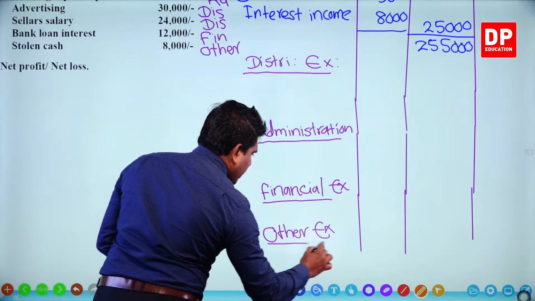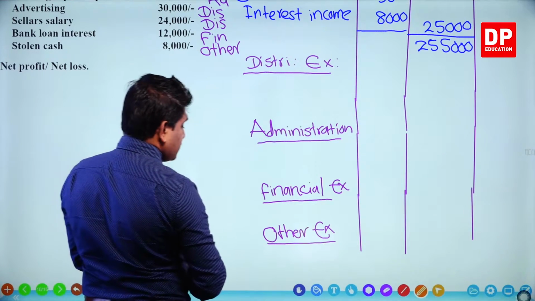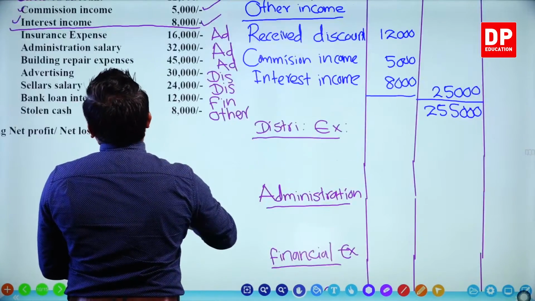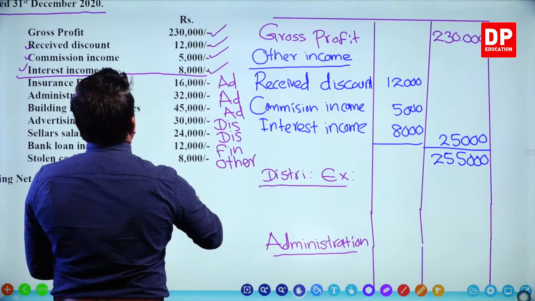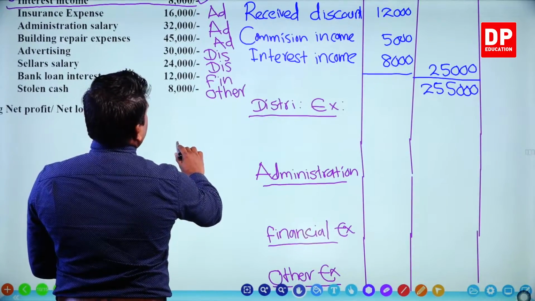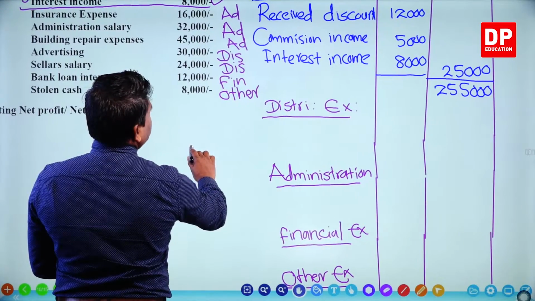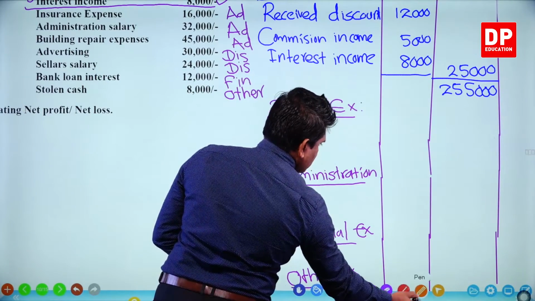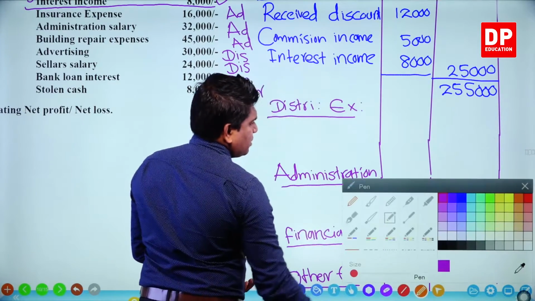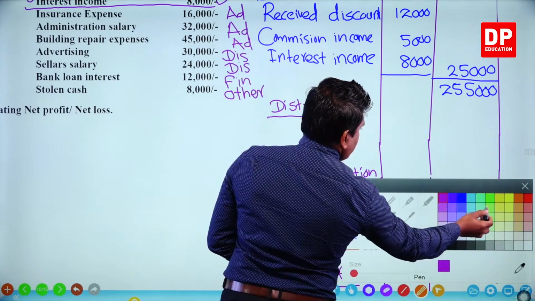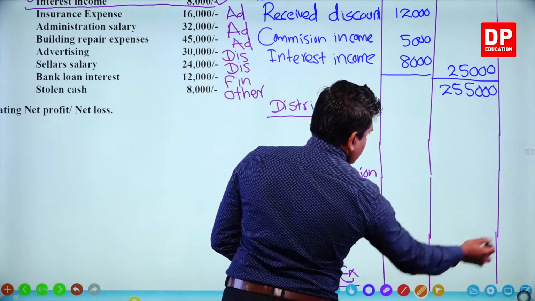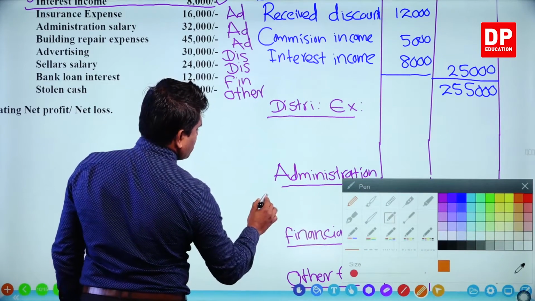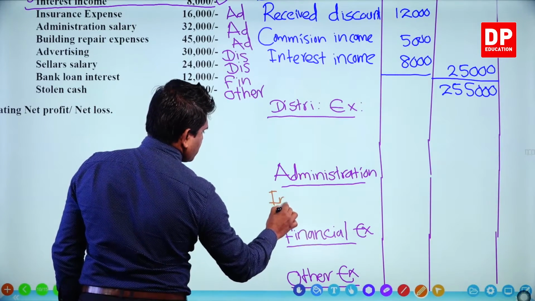Now you can pick one by one the details from the question, right? What is the first one? First one is insurance expense 16,000. Where do we put insurance expense? Insurance administration, right?